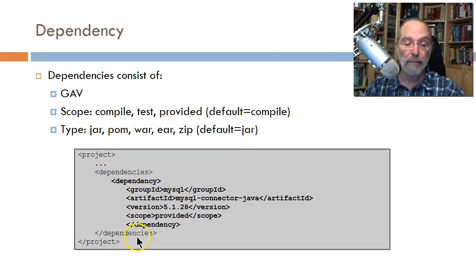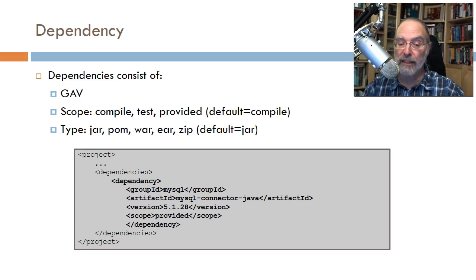So here we see a dependency block. It's MySQL, that's its artifact ID, there's the version number. Scope tells us it's provided. So this means that Maven will not add this library to our code. Now, interestingly, it will go out and retrieve this dependency.